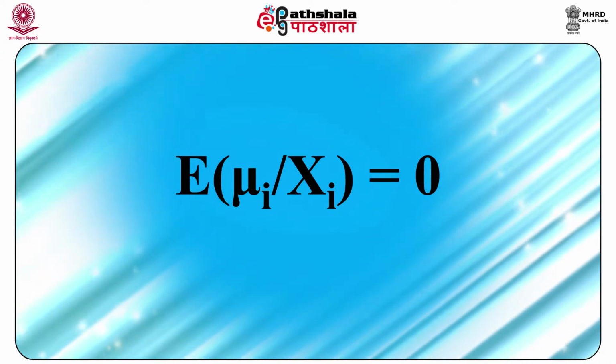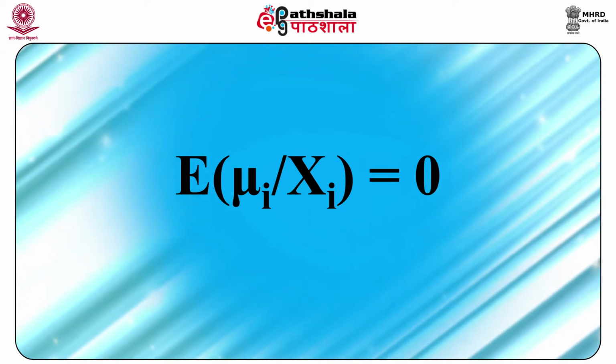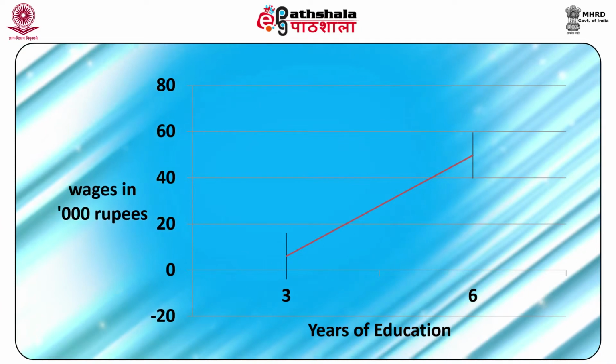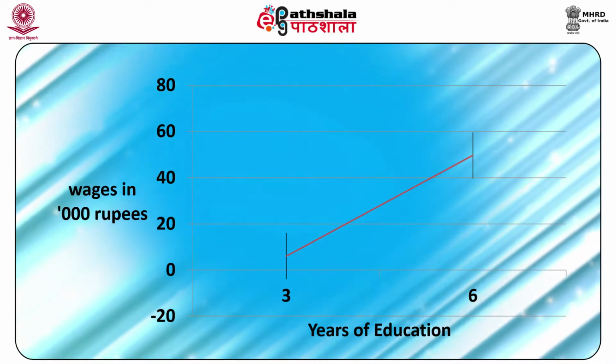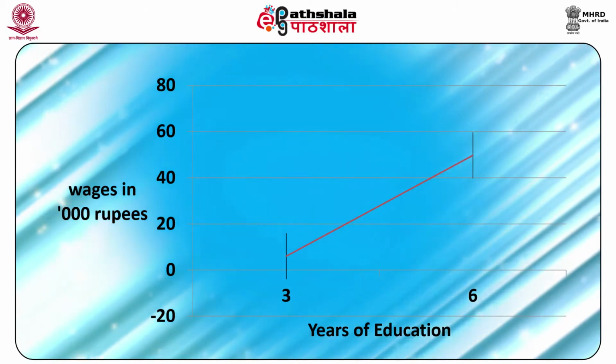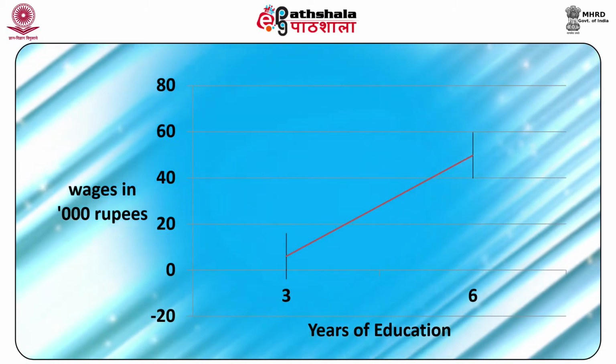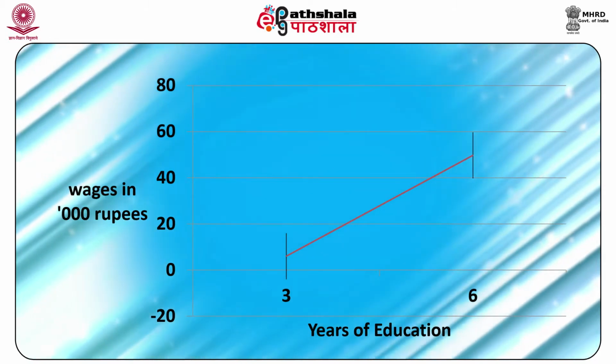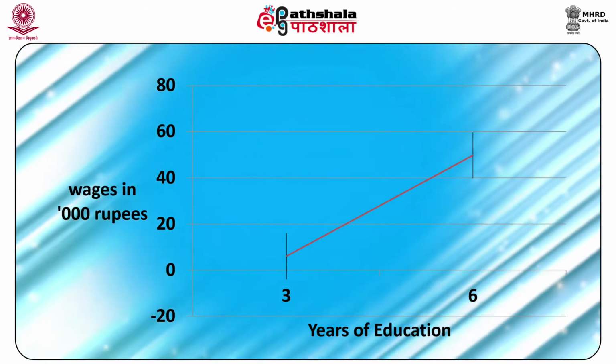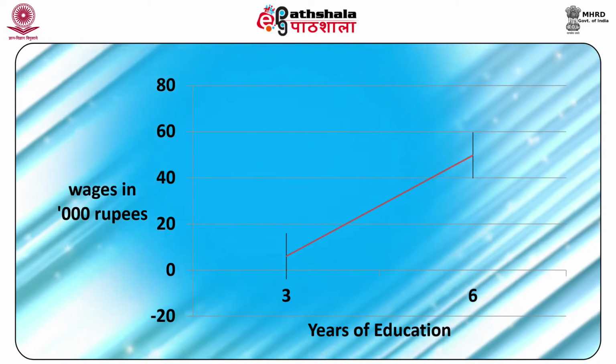The third assumption is that the error term has 0 mean value, that is, the expected value of mu i given xi is equal to 0. Very clearly, it implies that for a given x value, there is a subpopulation of y values distributed in such a manner that the sum of the positive deviations from the line of best fit is equal to the sum of the negative deviations.